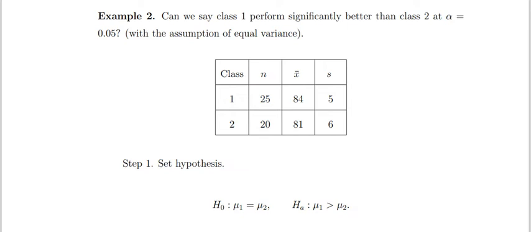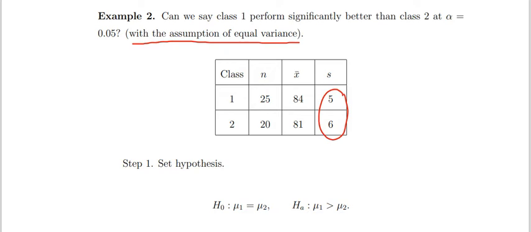Can we say class 1 performs better than class 2? Class 1's average is 84, class 2's average is 81. We did this problem before, but here we emphasize the assumption of equal variance. From here we can say those two numbers are quite close, so we can assume their variances are equal.